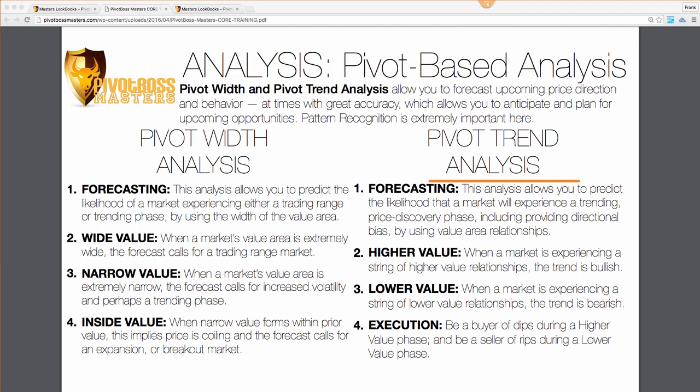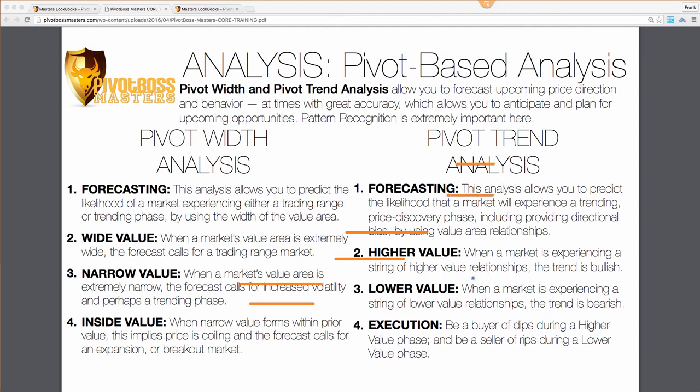So basically it's just looking at a string of value area relationships, and if they are significantly higher than day over day or week over week or month over month, then the trend is bullish. If you have a string of lower value relationships in a row, then the market is considered bearish. That's pretty much it.